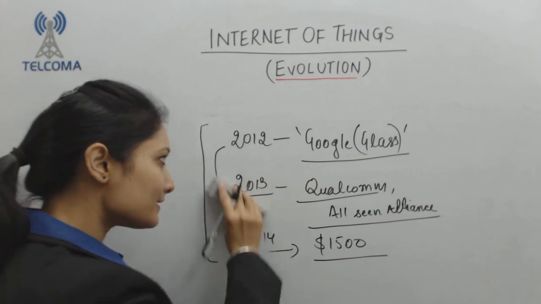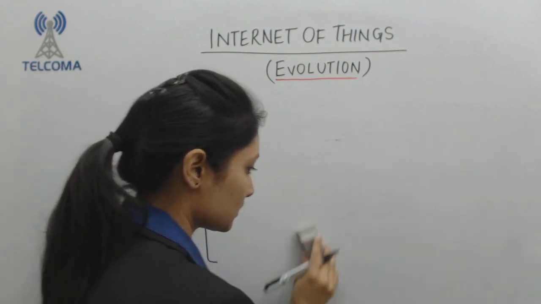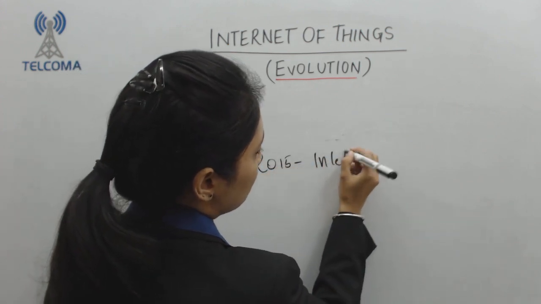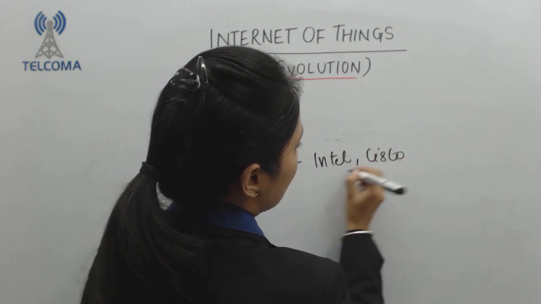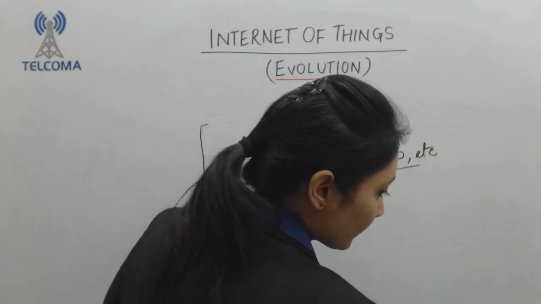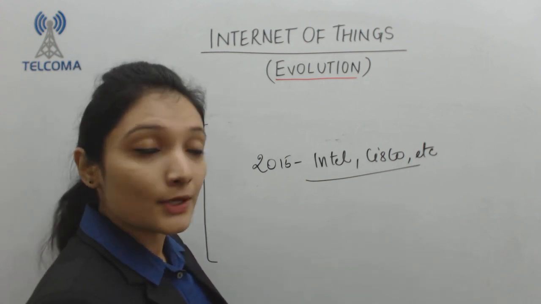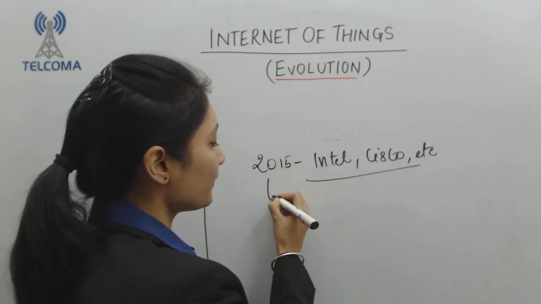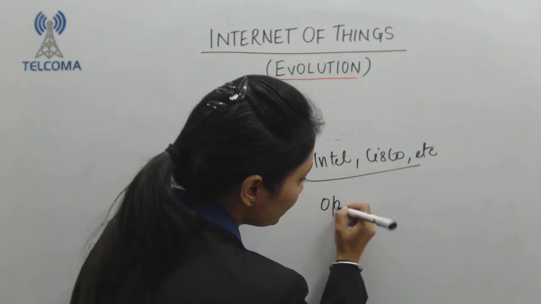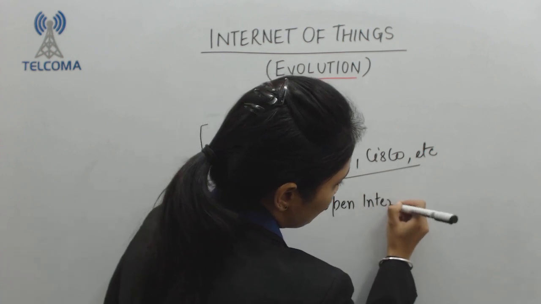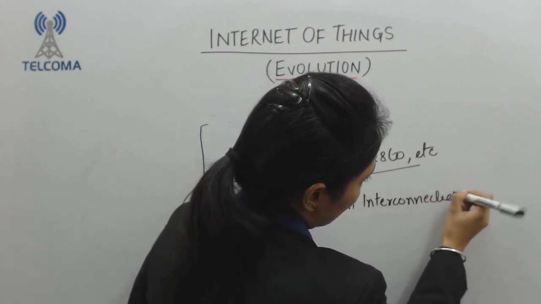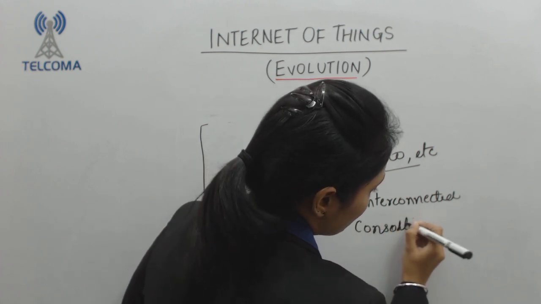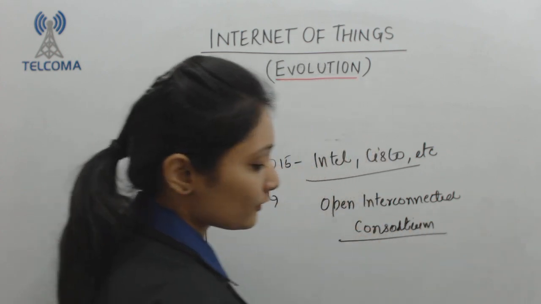Now, present till date 2015, various organizations, Intel, Cisco, etc., are all working for the deployment of the Internet of Things, and there are more and more researchers in this field. There has been an open interconnected consortium for the Internet of Things.